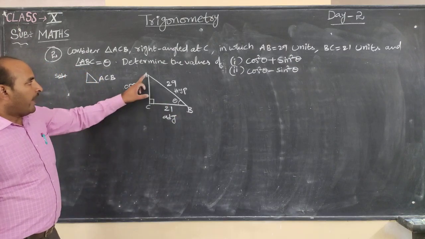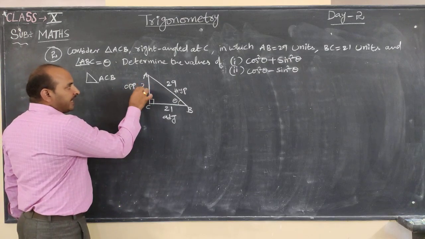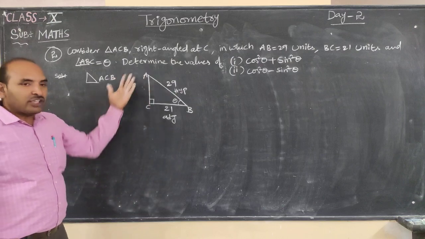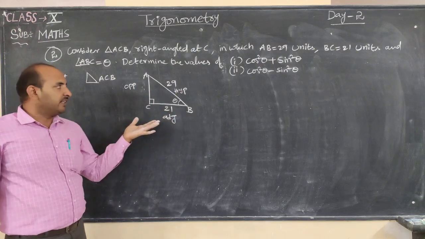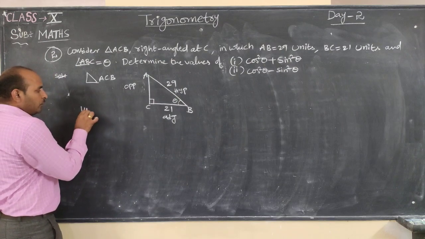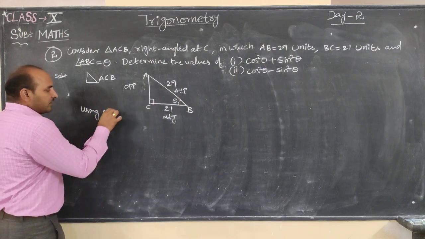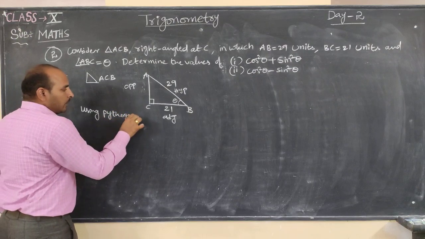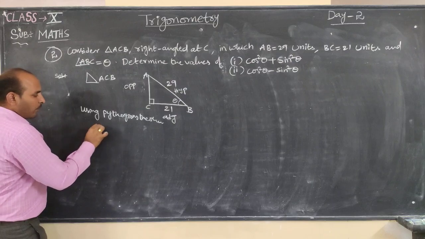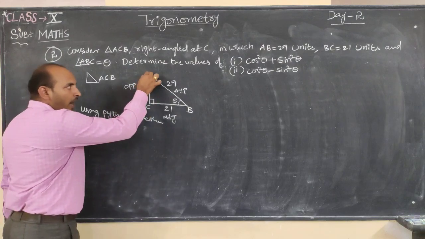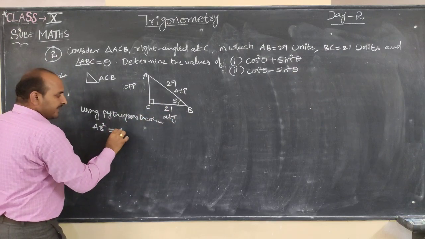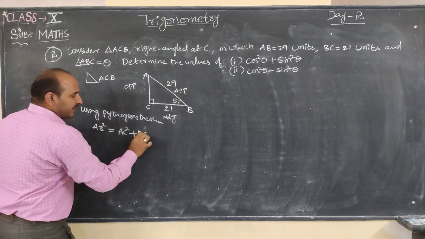So now find out AC side. How to find AC side? According to the Pythagoras theorem, already you know very well. Using Pythagoras theorem, AB square, which is the hypotenuse square, is equal to side square plus side square, AC square plus BC square.